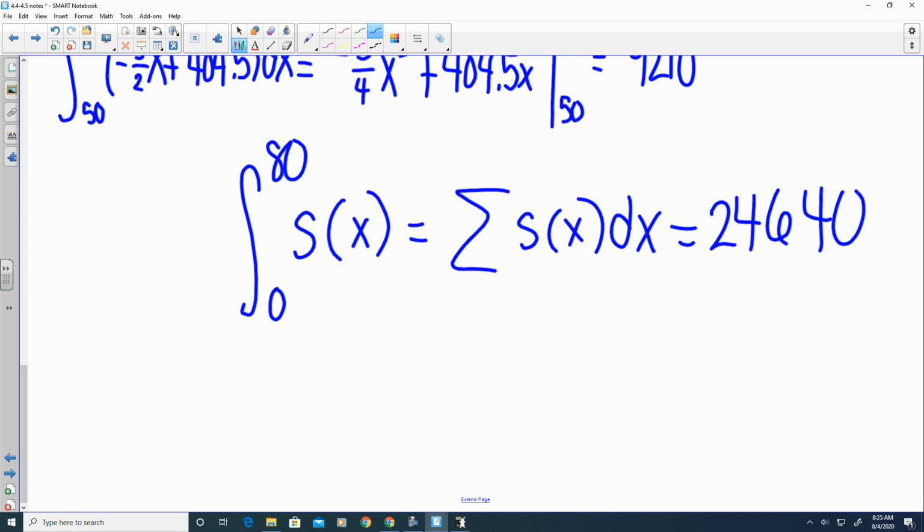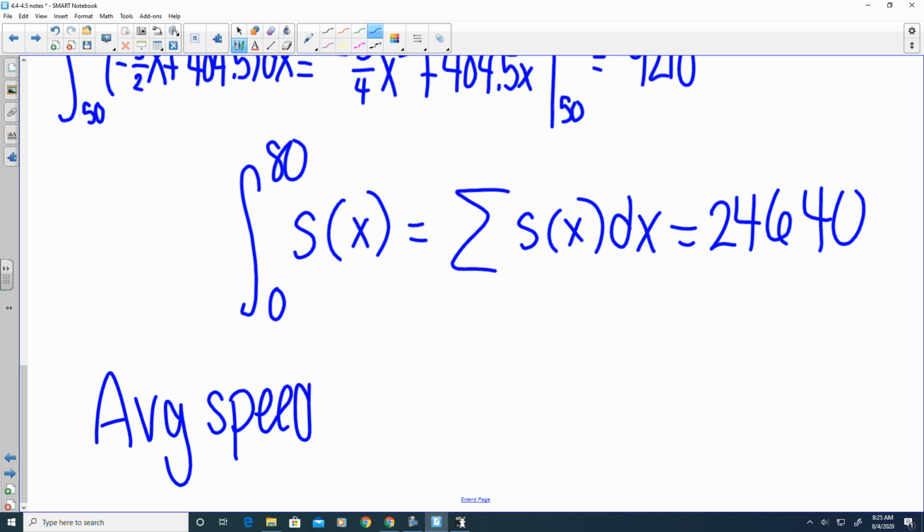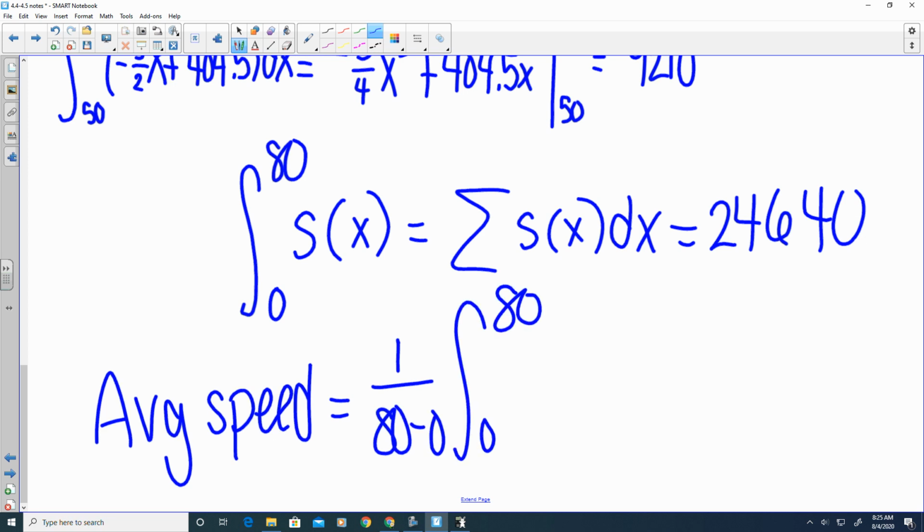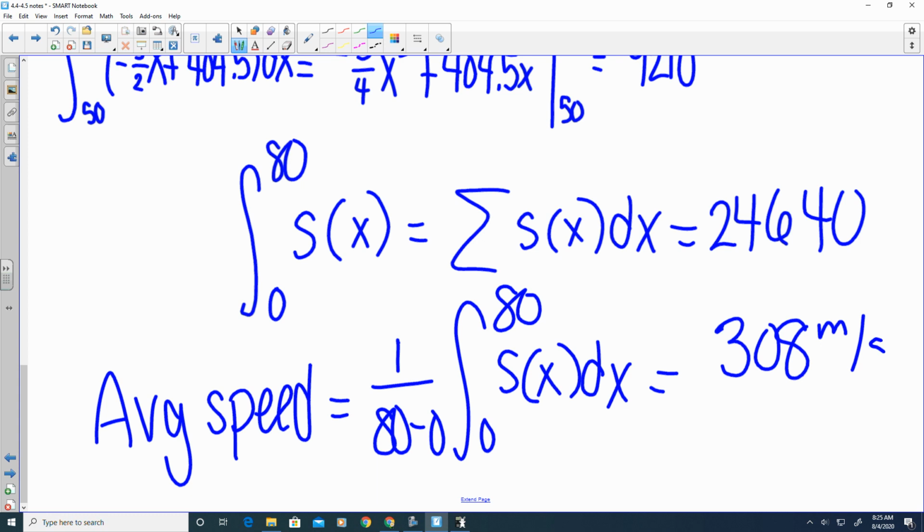So to find the average speed, I do 1 over 80 minus 0 of the integral, which is 308. And this is speed, so meters per second.